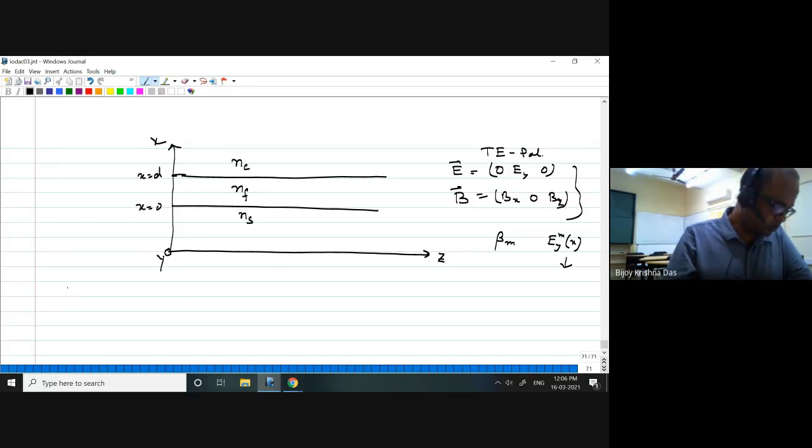So the question is the power carried by a mode. Mode means guided mode, basically.